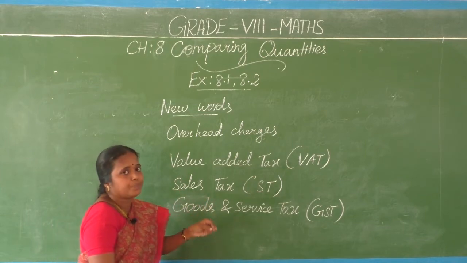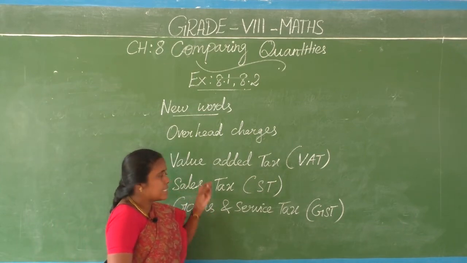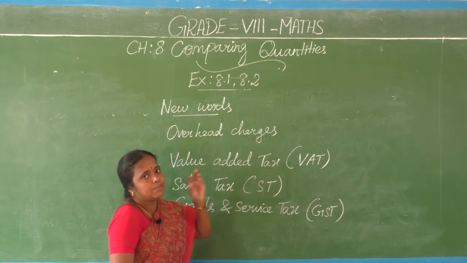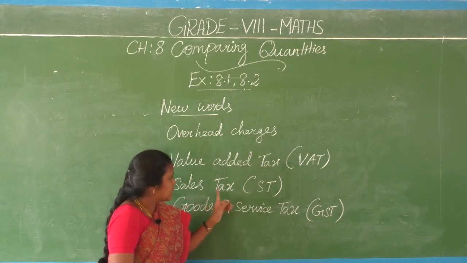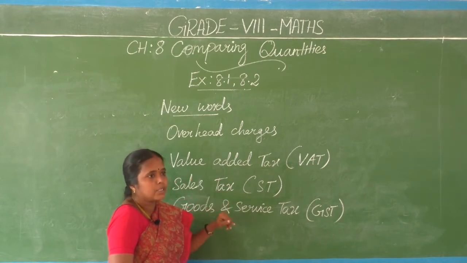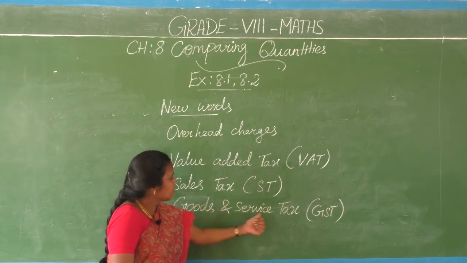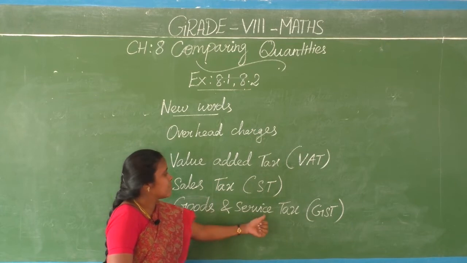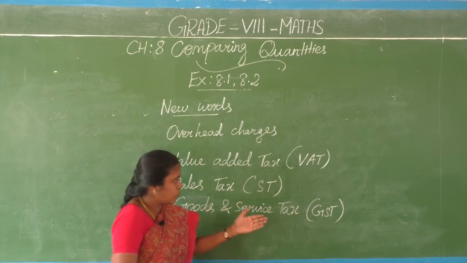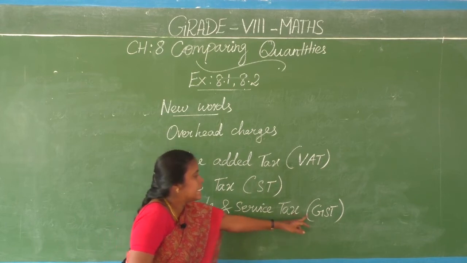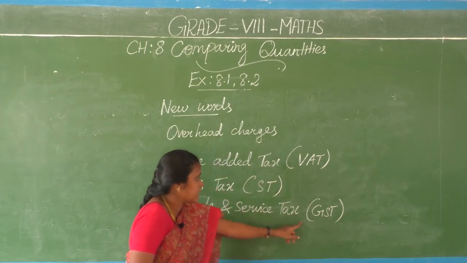Sales tax is also included with the object's purchase cost. This also has to be paid by the customer to the shopkeeper. Clear? Then goods and service tax. You know well, recently on July 1, 2017, the government announced this GST, goods and service tax.